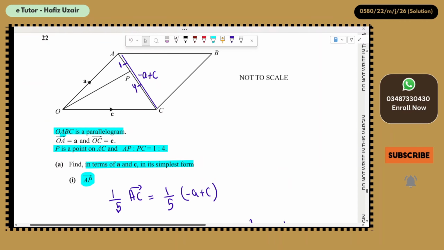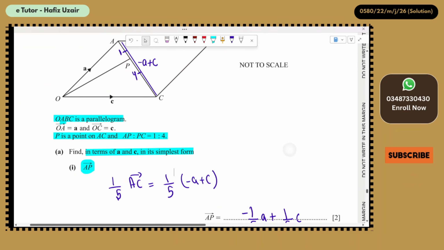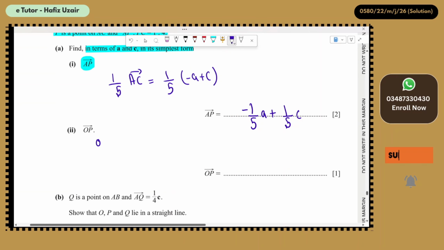Now you need to find out OP. How can you move from O to P? You need to move this way and then this way. We already have the value of AP, so we can write OP is OA plus AP, and OA is A plus AP.